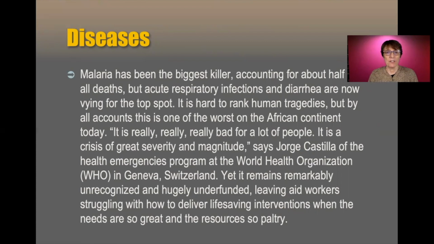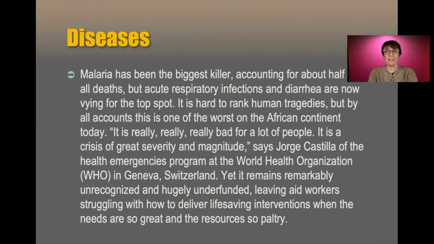It is really, really bad for a lot of people. It is a crisis of great severity and magnitude, says Jorge Castilla of the Health Emergencies Program of the World Health Organization, which is in Geneva, Switzerland. Yet it remains remarkably unrecognized and hugely underfunded, leaving aid workers struggling with how to deliver life-saving interventions when the needs are so great and the resources so paltry.